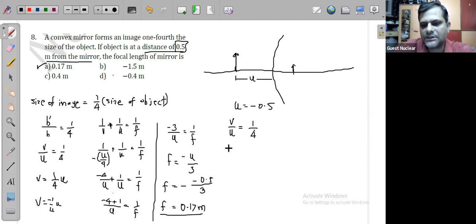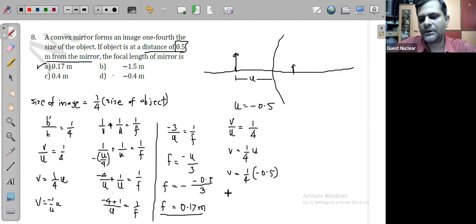So you can get this v to be simply equal to 1/4 of u, but u is already given, so v is going to be actually 1/4 of u, where u is actually minus of 0.5.